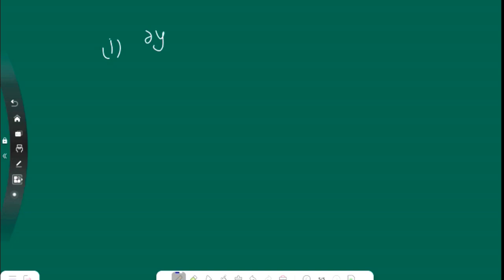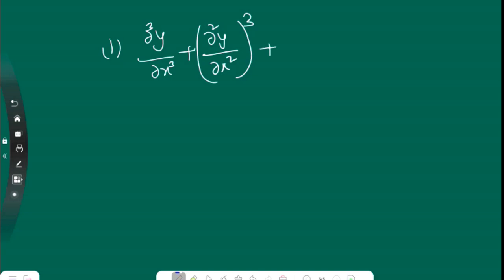First: del y upon del x whole cube plus del square z upon del x square, which is power 3, plus del y upon del x equals to 0.